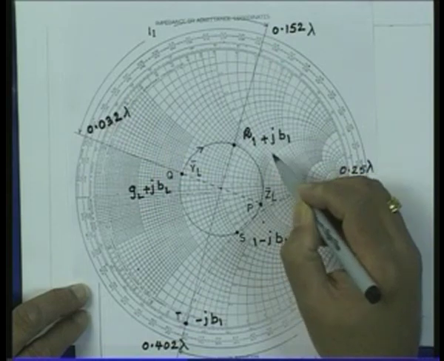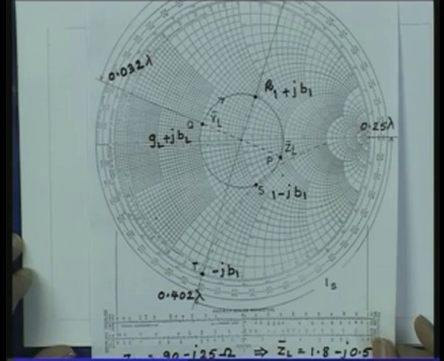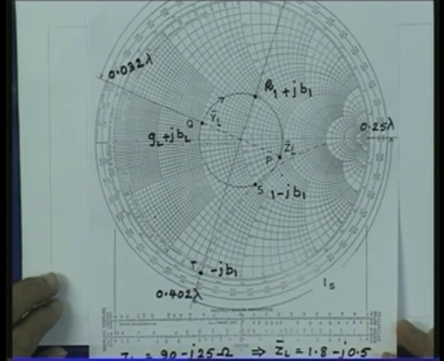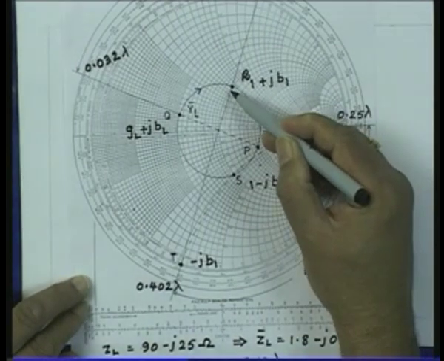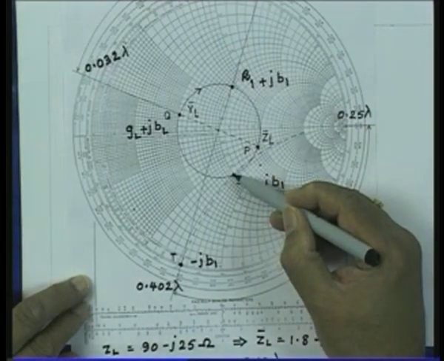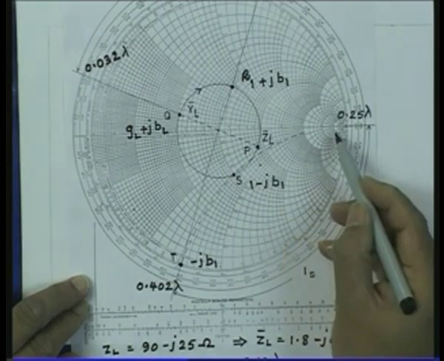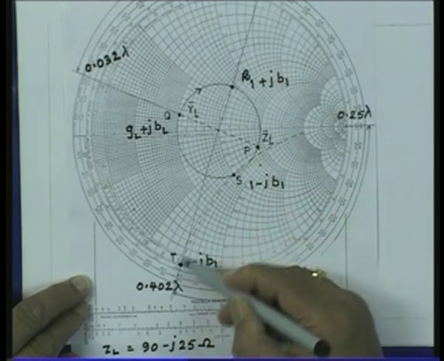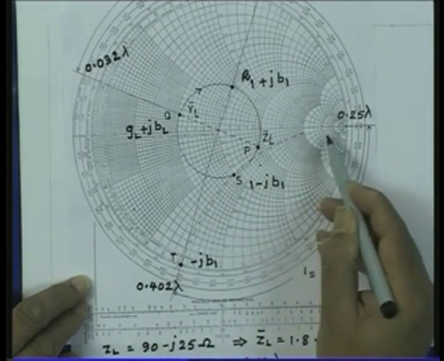The second thing you have to find out is the length of the stub, for which this jB1 susceptance has to be cancelled. So, the stub has to introduce a susceptance of minus jB1. As we do, we take the mirror image of this point on the constant VSWR circle, find the constant susceptance circle passing through this point, and take the outermost point on this circle.